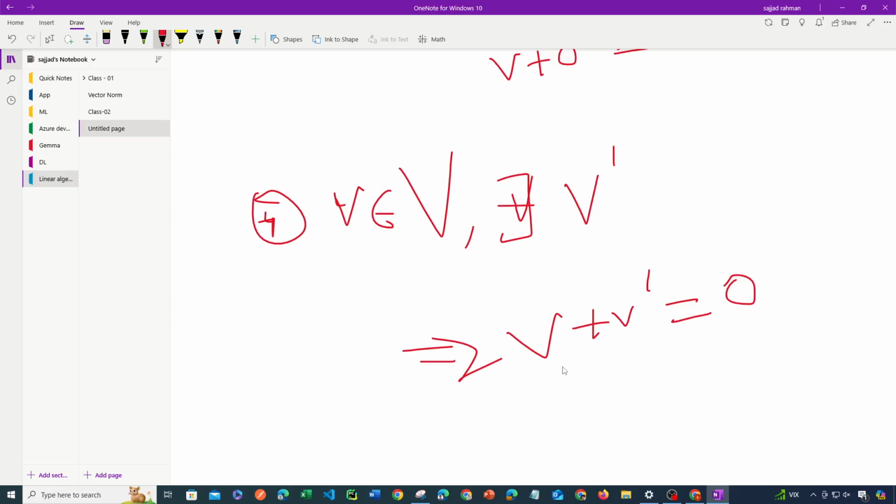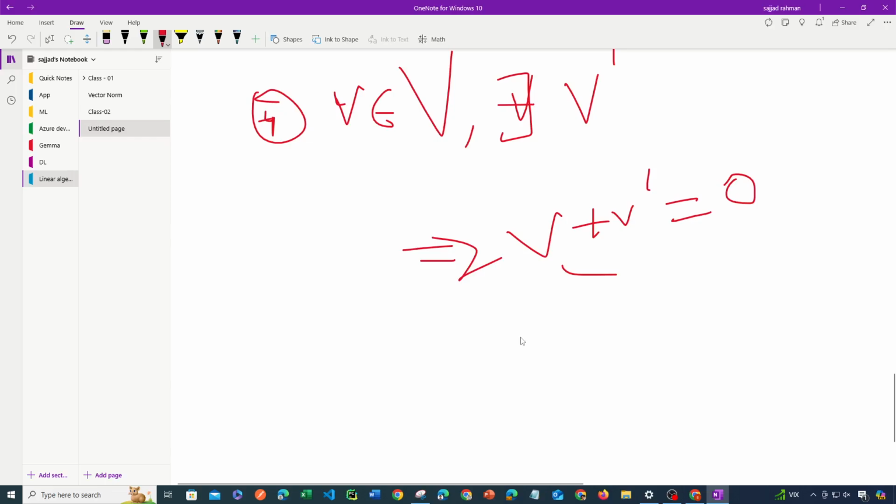So we call this the additive inverse. For simple understanding, like we have 3. So how do we get 0? If we add minus 3, then we will get 0. And vice versa, similarly.